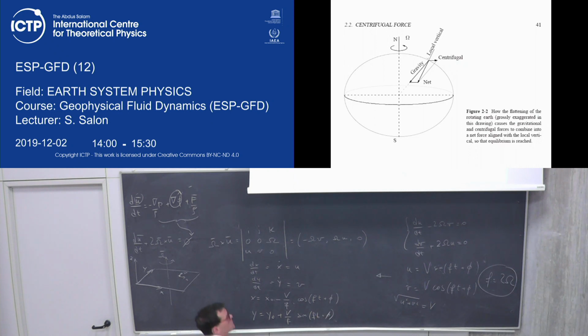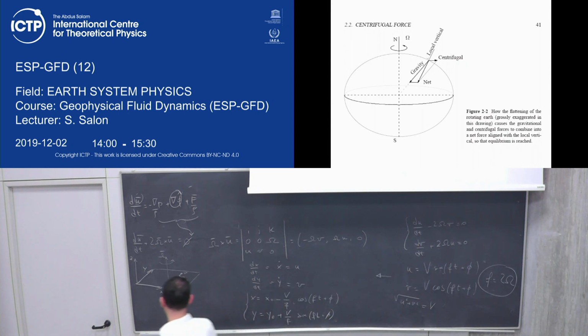So you can, of course, take your time and do all this math by yourself. But this is what we want to know. The position x and y is equal to an initial position, x0 and y0, plus a term which is changing in time according to a cosine and a sine.